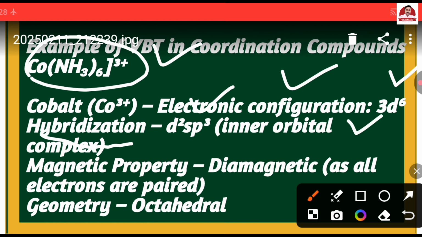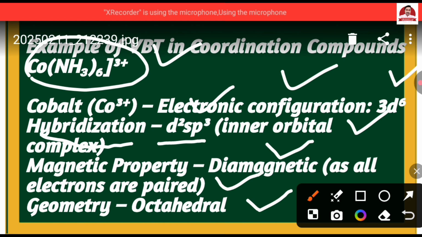So an inner orbital complex is formed by d2sp3. And its magnetic property is diamagnetic in nature, as all the electrons in the inner orbitals are paired, and its geometry is octahedral.